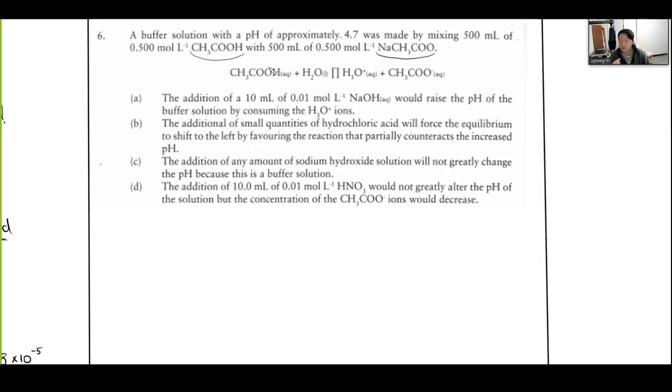So here's the buffer equation, slightly different from mine. Mine was CH3COOH turning into, I'm not sure what that pi symbol is, that might be just a typo. I just had that with hydrogen and the acetate, the same equation as this one, okay?